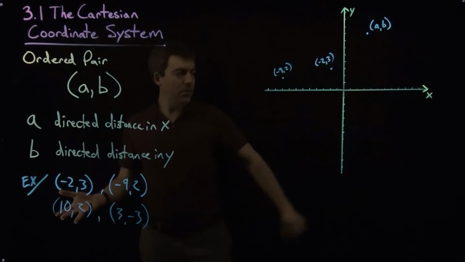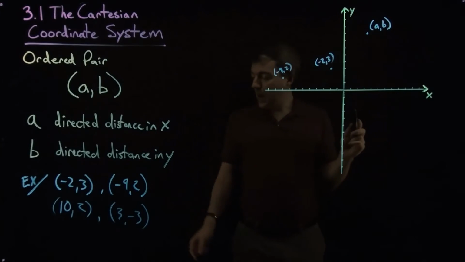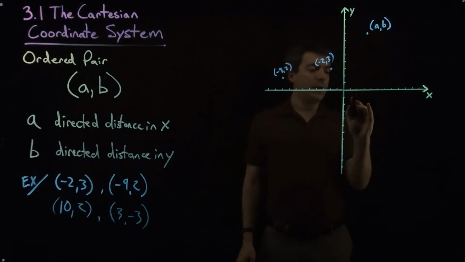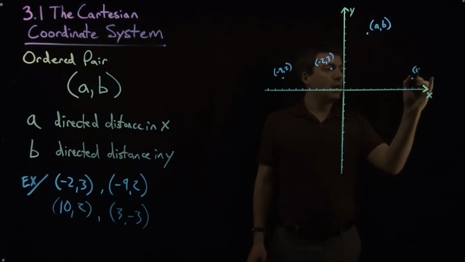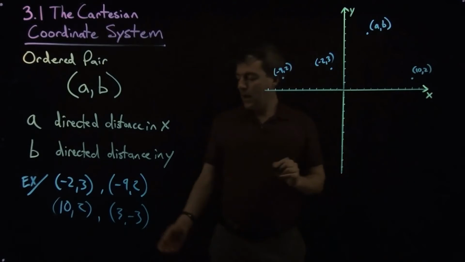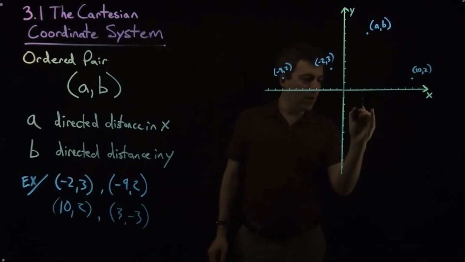10, 2. We'll go out 10 in the positive x direction, so over here, and then up 2. So 1, 2, 3, 4, 5, 6, 7, 8, 9, 10, up 1, 2. And then 3, -3. 1, 2, 3 over, and 1, 2, 3 down.